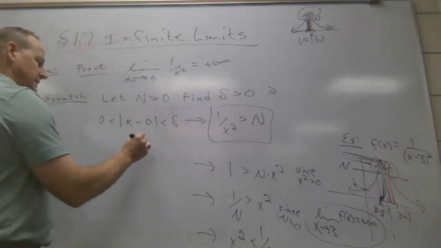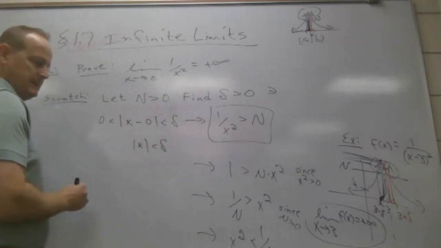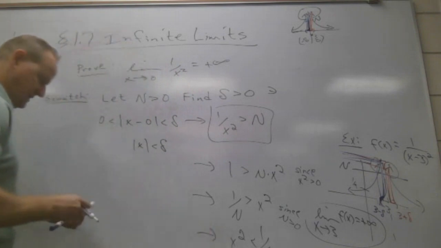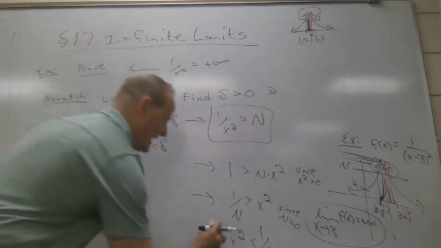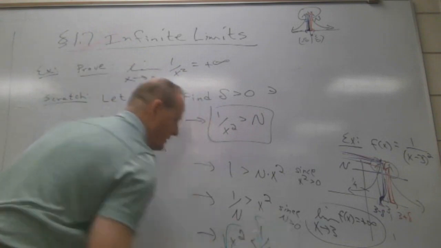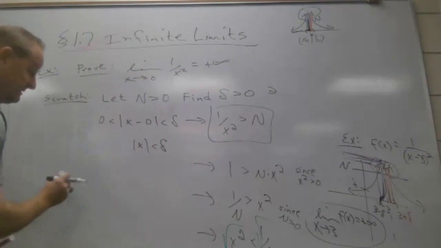But what do I want? I want the absolute value of x is less than delta. So what do I do to both sides here? Take the square root of both sides. And if I take the square root of both sides, what's the square root of x squared? Absolute value of x, technically.